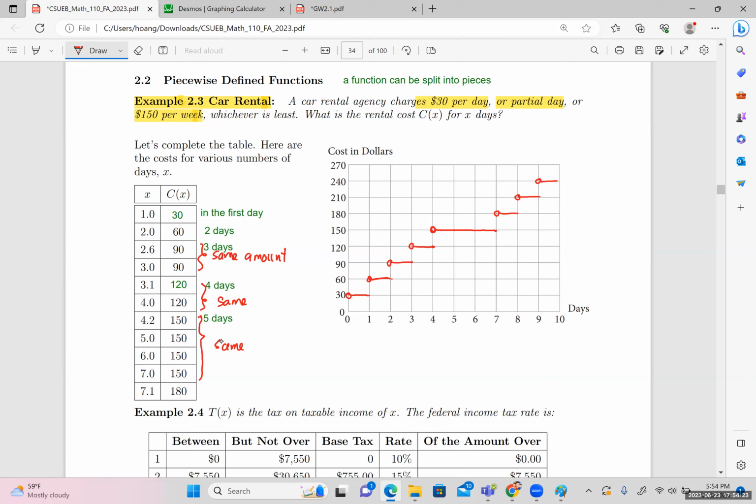So that is the way. The graph is jumping to the next level.